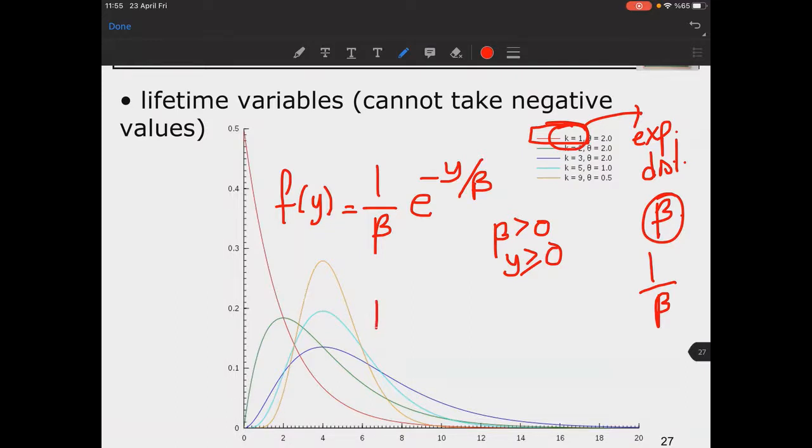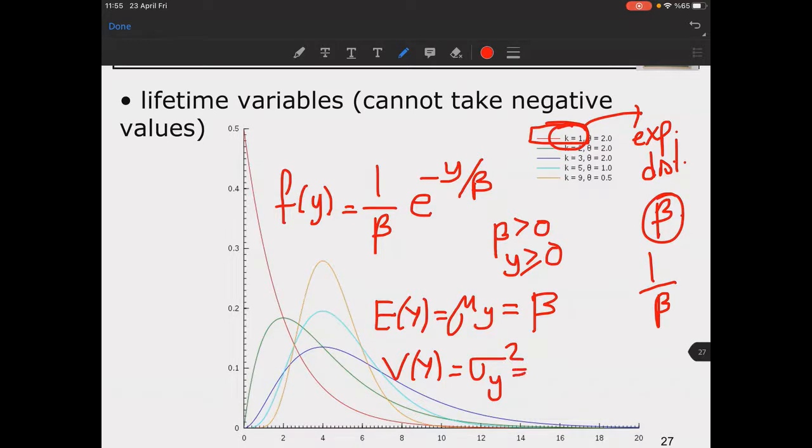And what would be the expected value or the average of your exponential function here? It's beta. If you remember, it was alpha times beta, but since your alpha is 1, it is beta. And in the gamma distribution, if you remember, the variance was alpha times beta squared. But here, since your alpha is 1, your variance will be beta squared.